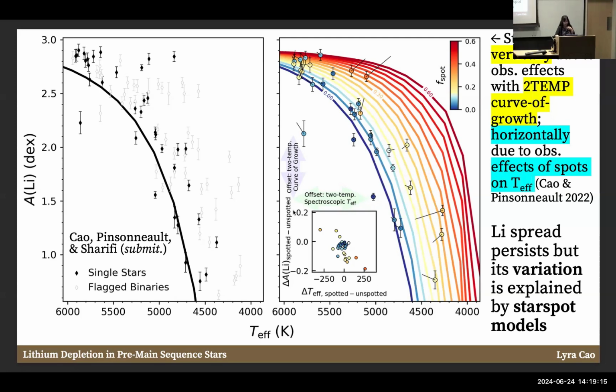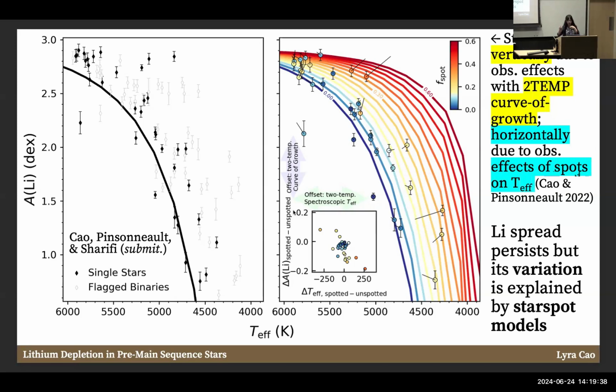in these stars. You can shift these stars up and down vertically based on the differences in the interpretation of their curves of growth, because you're actually seeing the spot and the non-spotted surfaces of these stars, and you shift them left to right based on the effects of spots on their temperatures.